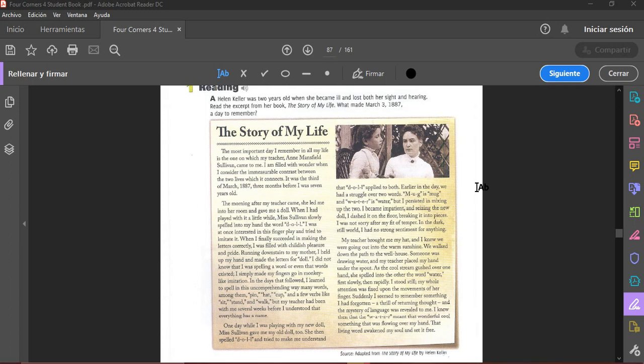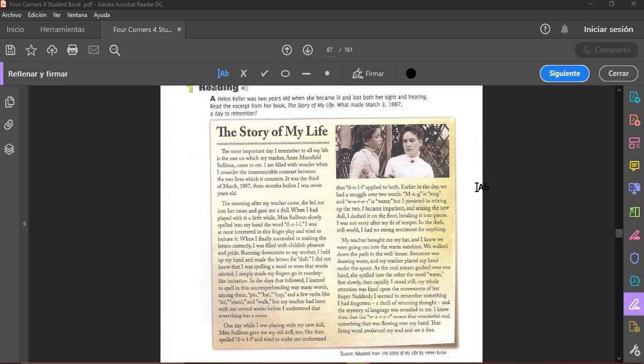We walked down the path to the well house. Someone was drawing water, and my teacher placed my hand under the spout. As the cool stream gushed over one hand, she spelled into the other the word water, first slowly, then rapidly. I stood still. My whole attention was fixed upon the movements of her finger.